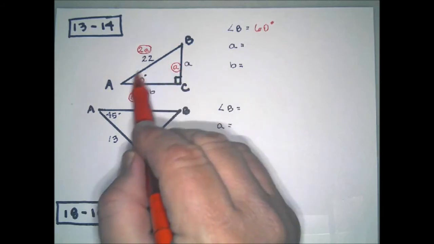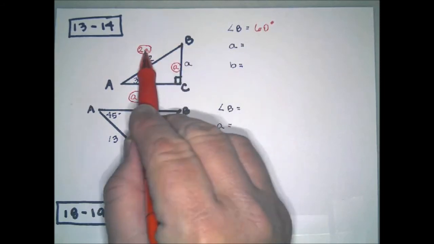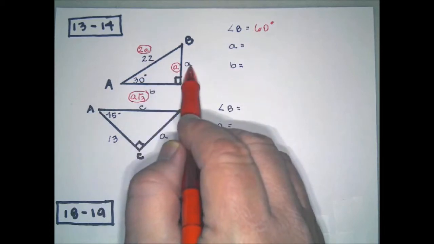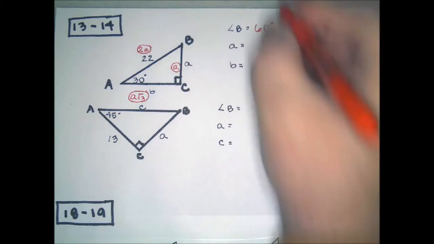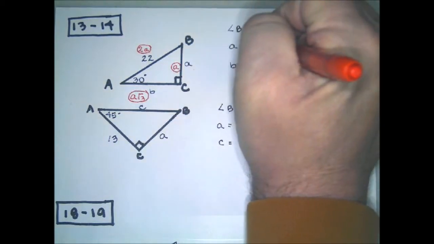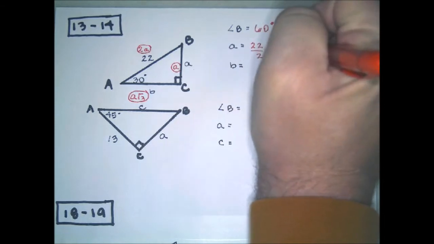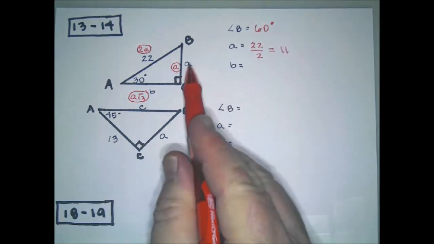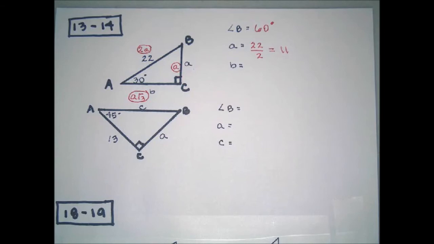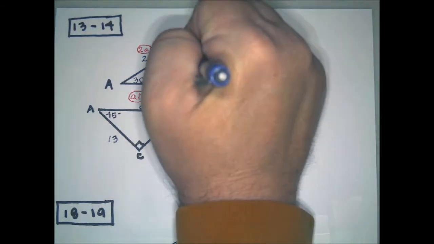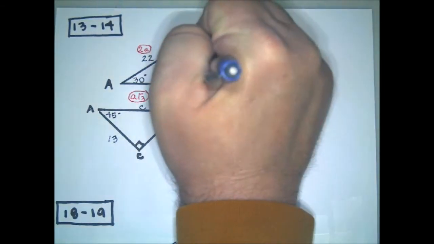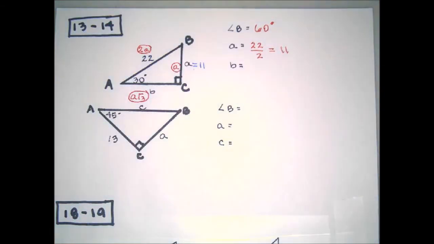So if I know the hypotenuse, which is 2A, and I want to go back to the shortest side, which is A, all I do is divide by 2. So 22 divided by 2 equals 11. So I now know this is 11. Just because of the relationship of 30, 60, 90 triangles.